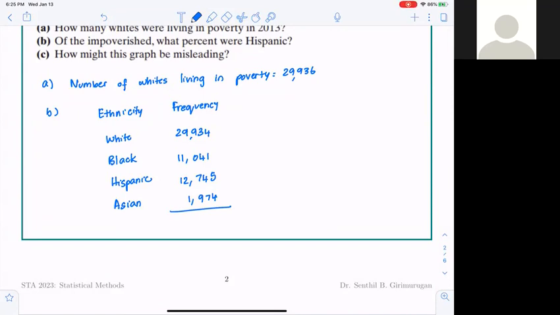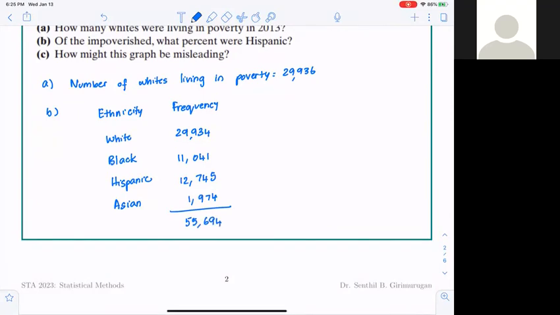So 29,936 plus 11,041 plus 12,745 plus 1974, it comes to 55,696.